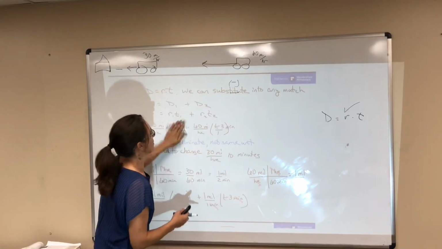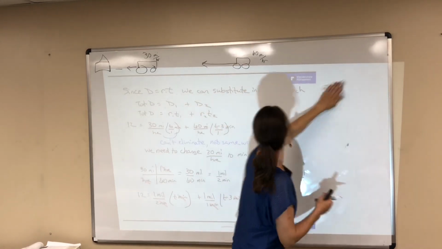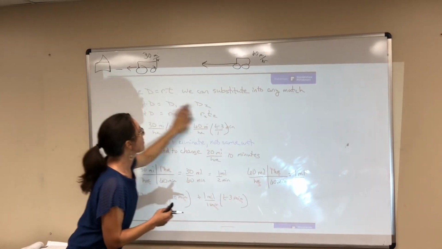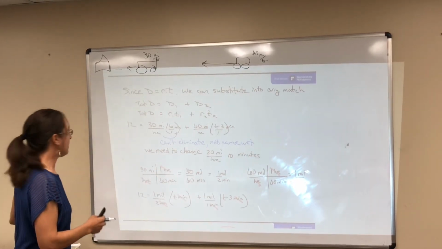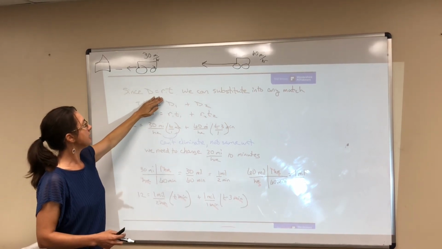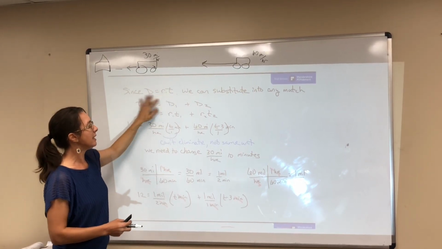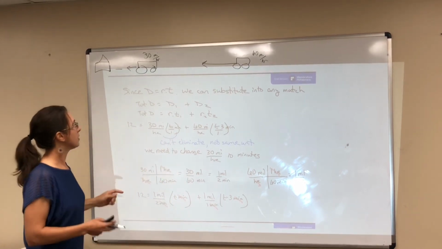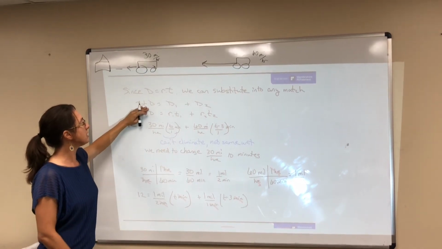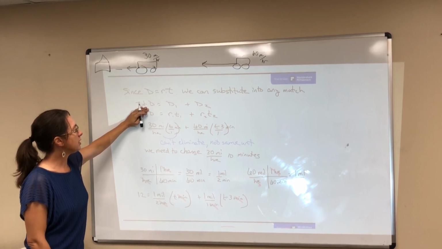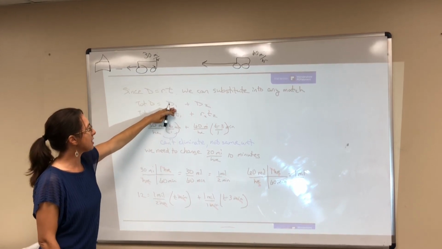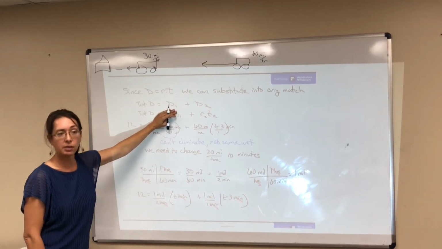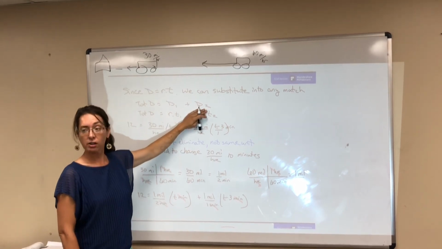Let me erase my things so we don't get mixed up. Now, because we know that distance equals rate times time, we can use this just like we did before to substitute it anywhere we see it. So our total distance is equal to the distance of the first truck, D1, plus the second truck.